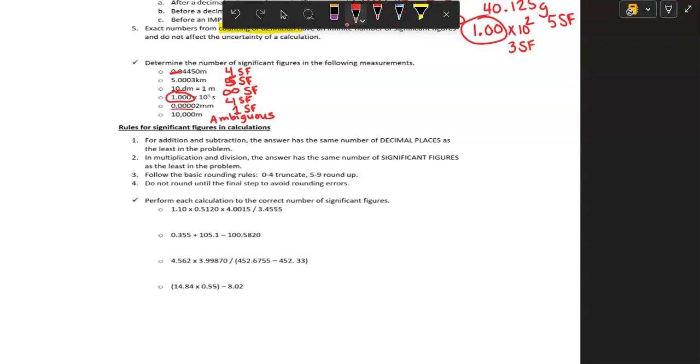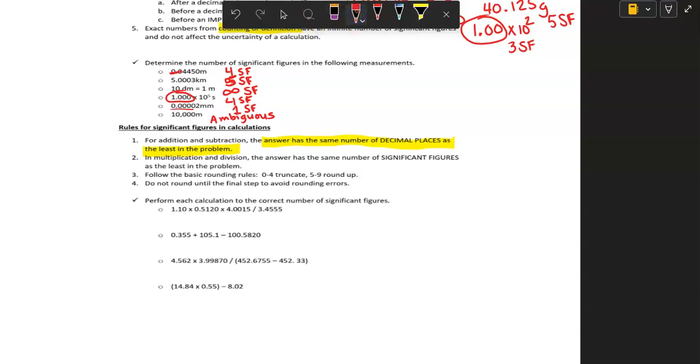When you're collecting data in the lab, you need to use the best equipment at your disposal to get the best measurements possible, the most number of decimal places, because that's a more reliable measurement. Okay, and then you use that data in calculations. So if you have to add or subtract numbers, the number of significant figures in the answer will be the same as the number of least decimal places in the problem.